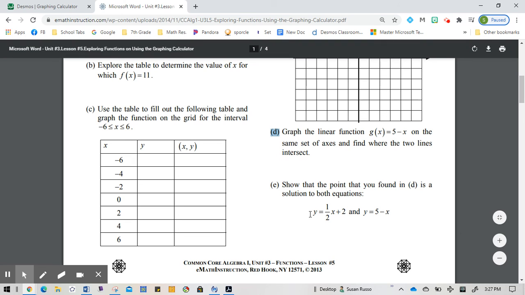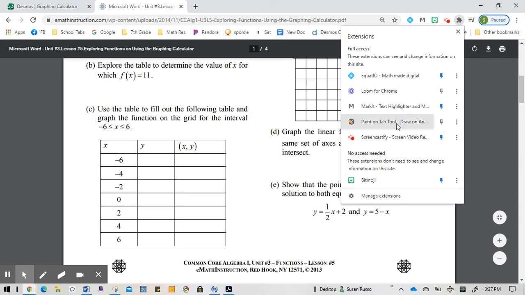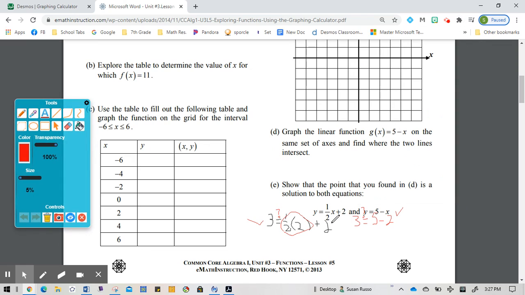So I'll leave this to you. This last question says, show that the point that you found in D is a solution to both equations. What they want you to do there is plug in the values 2 for x and 3 for y and make sure that each of these are correct. So I did this out kind of sketchy here.